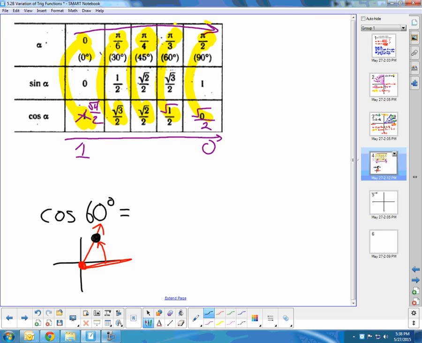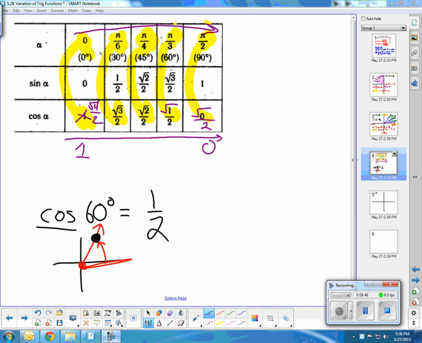I'm really only concerned with the x coordinate because it's a cosine function. So I know I'm going to have a pretty small output. So I remember that it's going to be 1/2. It's sometimes tough to get the 1/2 versus the root 3 over 2s straight with sine and cosine. So you can use some of that to help you remember exactly what is going on with your trig functions.